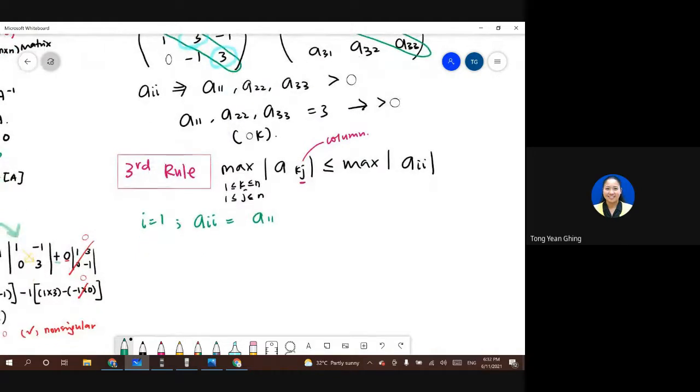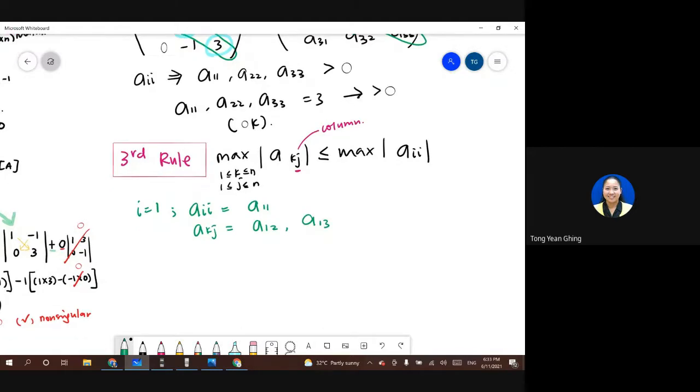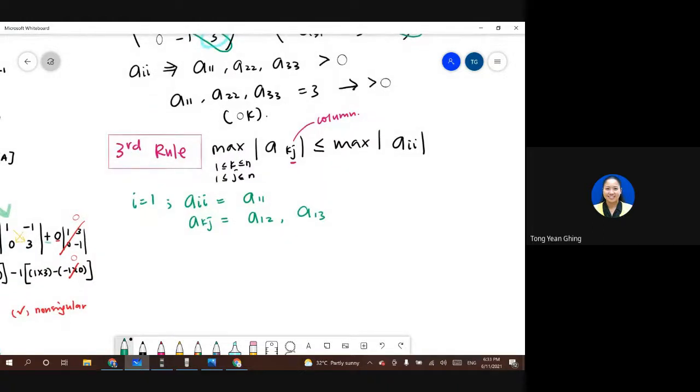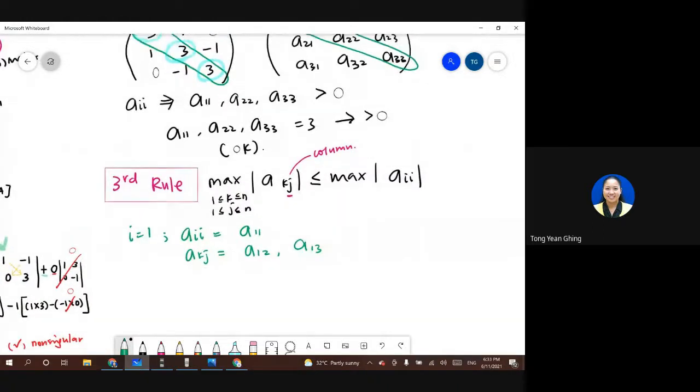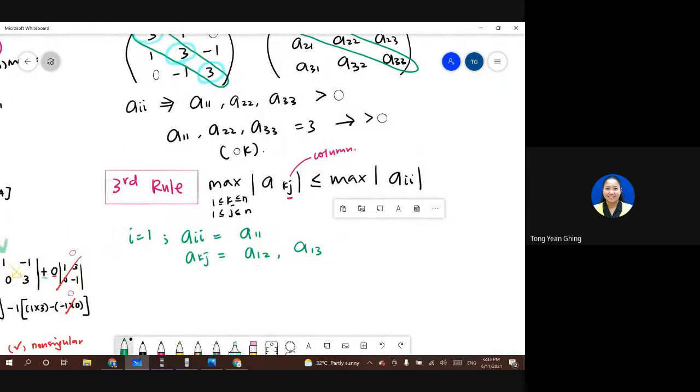So we have A_KJ. That means A_KJ will be A12 and also A13 for the same row. So it says that the maximum value of either A12 or A13 has to be smaller or equal to A11.